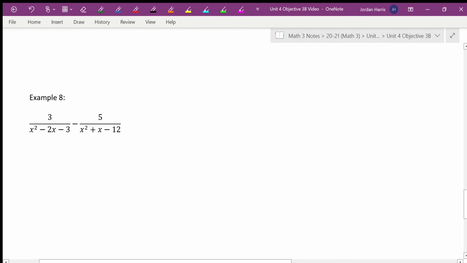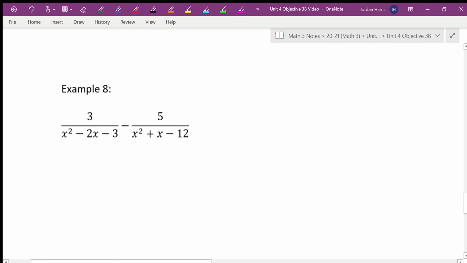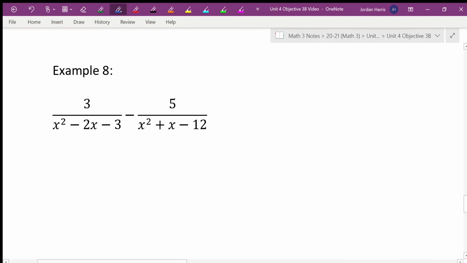Example 8. We have the harder version of subtraction. So first, before I do anything, I'm going to change this to addition and change that to a negative 5. And then I'm going to factor these. This one is x minus 3, x plus 1. This one is x plus 4, x minus 3.